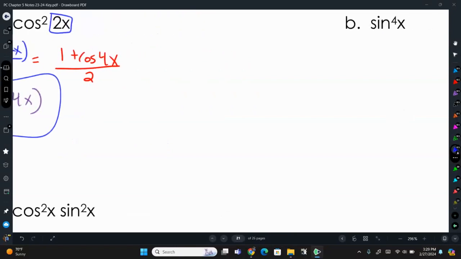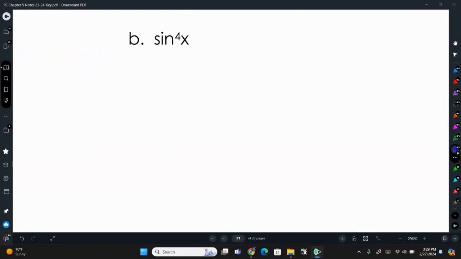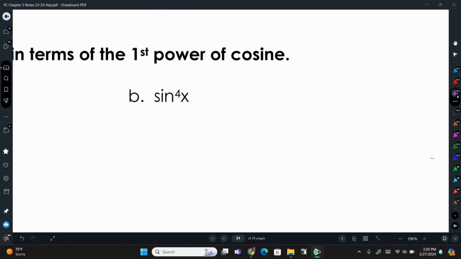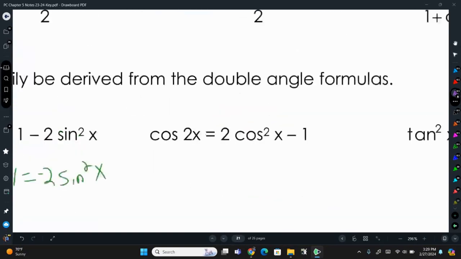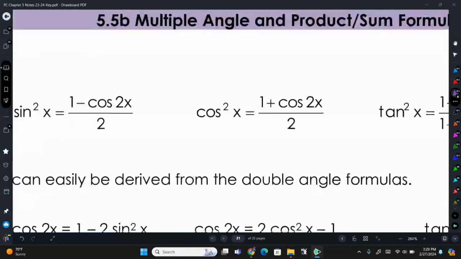Now letter B is sine to the fourth power. So you have sine of x to the fourth power. Well, this is really equal to sine squared x, squared, because the power reducing formula only works with sine squared, cosine squared, or tangent squared.